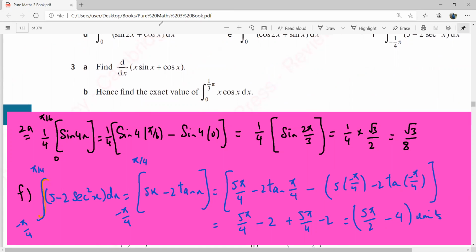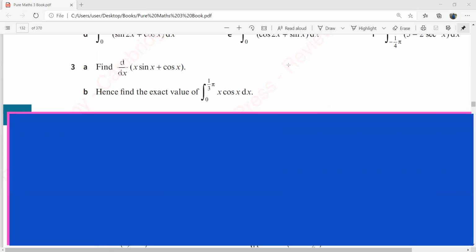Okay, let's see this. In this third question, this is basically a question on reverse substitution. You have to remember your differentiation. He says find the derivative of this. When you differentiate x sine x plus cos x, you apply the product rule.